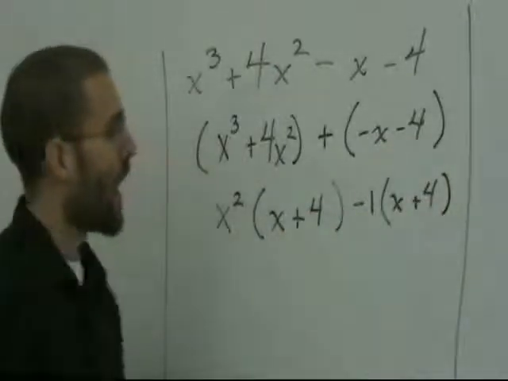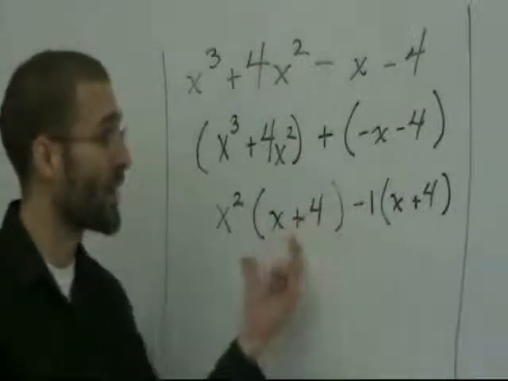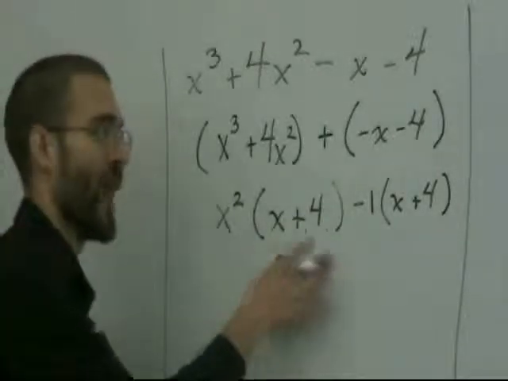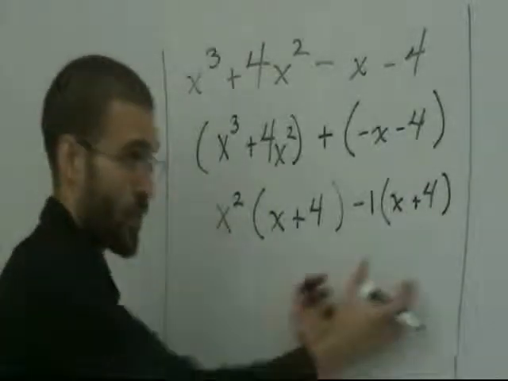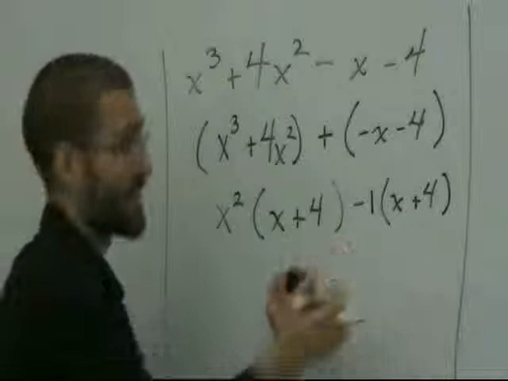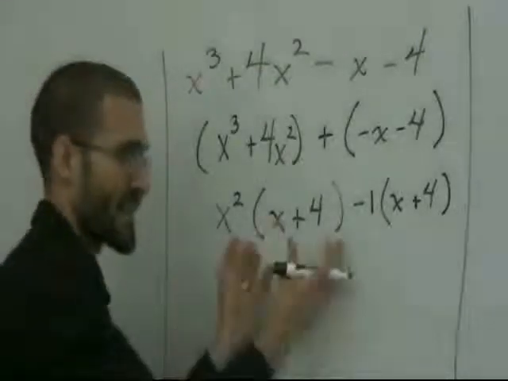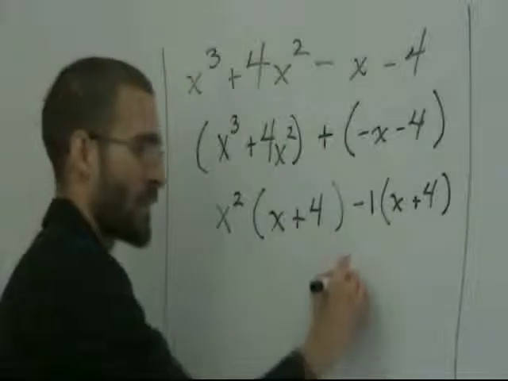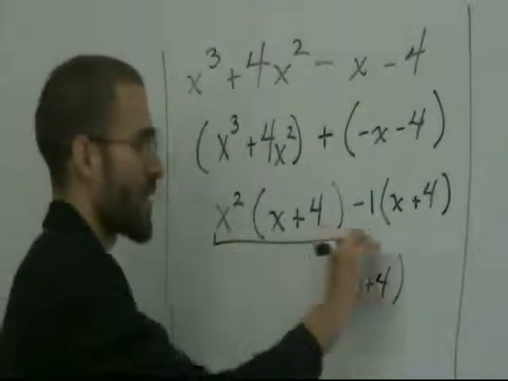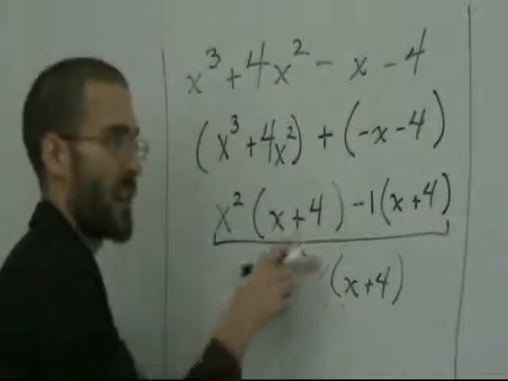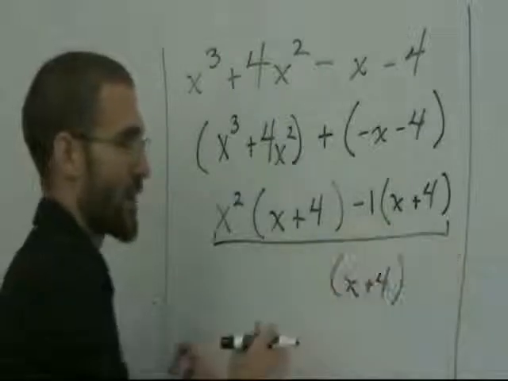And so all of a sudden, now I have x plus 4 showing up in both places. So I can go ahead and factor out the x plus 4. I can bring it out towards the front, or I can bring it out towards the back, which is because of the commutative property of multiplication. But since I see it in the back, I'll just pull it out to the back, x plus 4, since it is now the common factor of the first and the second terms here.